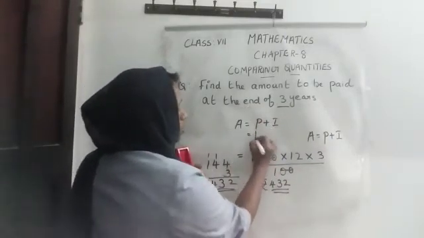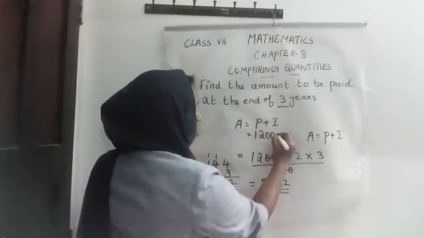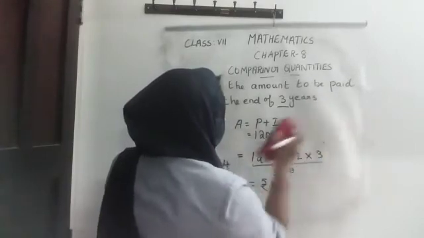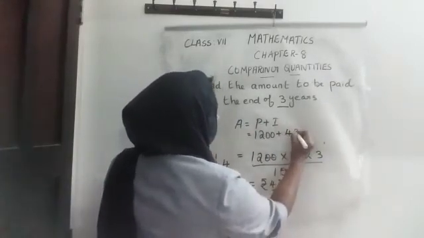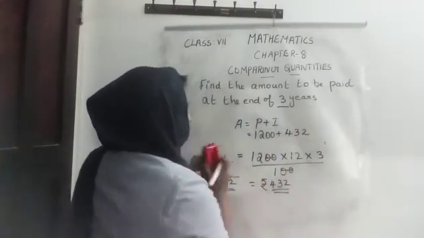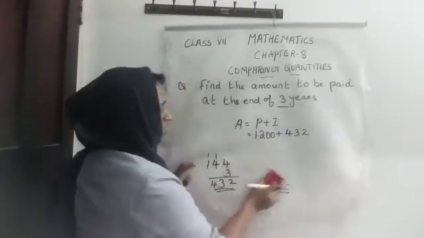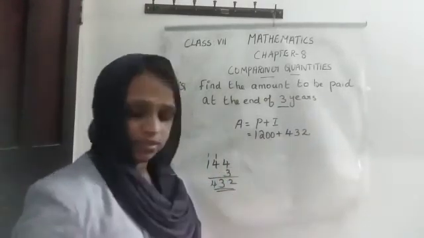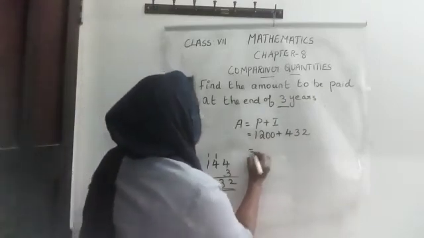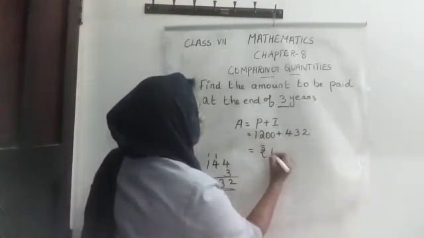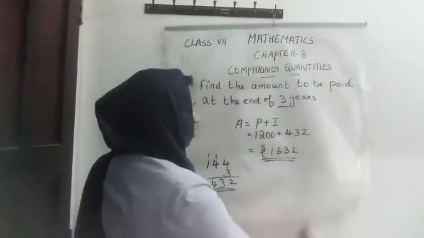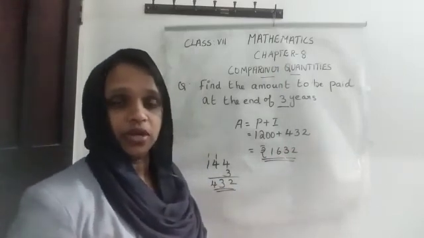Yes, 1200, principal amount, plus I, yes, it is rupees 432. Okay, so first we calculate the interest, then we want to calculate the amount. So our answer is, yes, it is rupees 1632, the final amount, total amount.